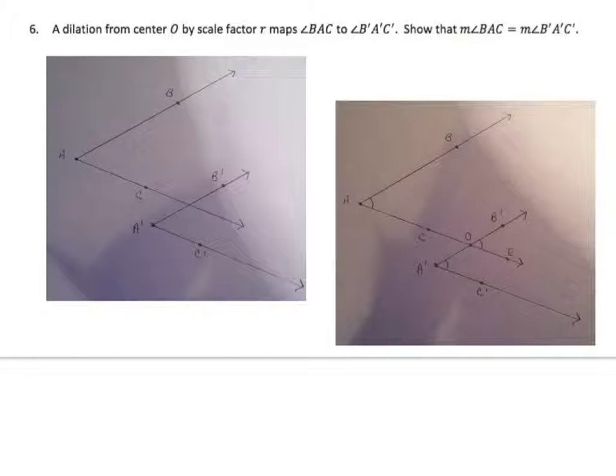Okay, a dilation from center O by a scale factor of r maps angle BAC onto angle B prime A prime C prime. If you remember a few slides back, this is what I just showed you on the coordinate plane, but we don't have a coordinate plane.